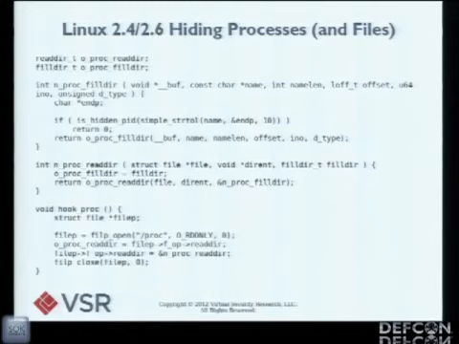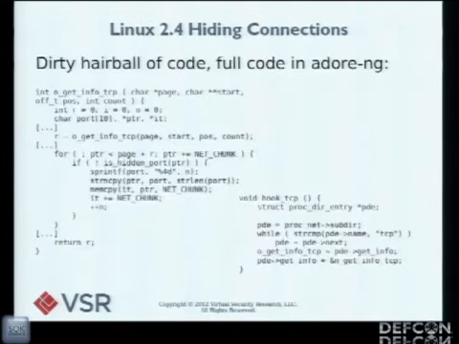You take the read directory pointer that's there and simply set it to point to your new function, which in this case is the new proc read directory function. And it takes a pointer to a callback function called filldir, which we're going to have to replace. Filldir runs on every iteration, every item in the directory that is being called on. So all we do inside this filldir function is simply have a conditional: is this the file, is this the process ID that we're looking to hide? If so, return 0, if not, run the original one.